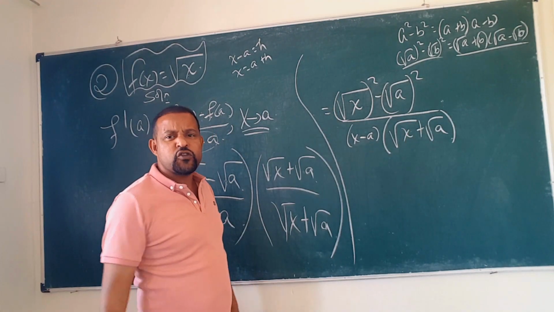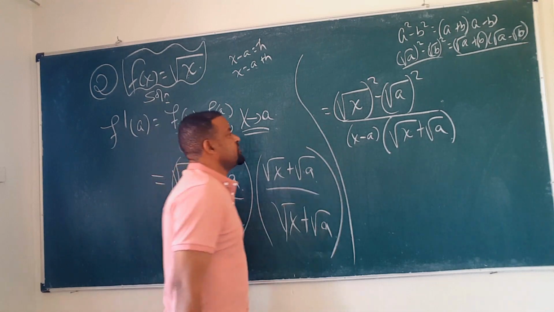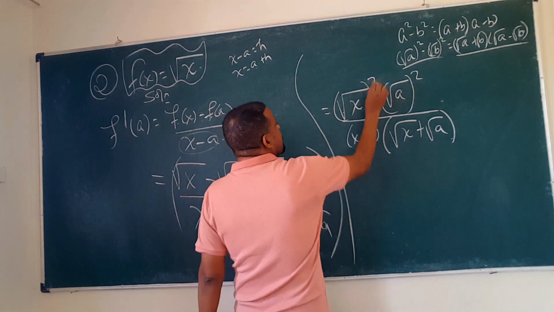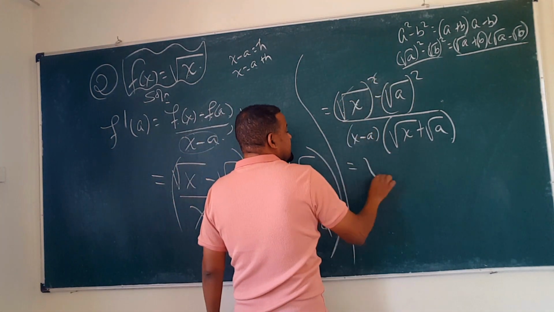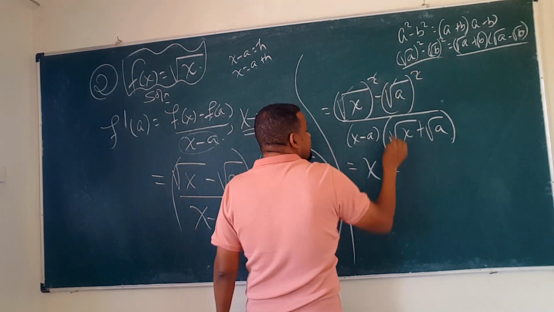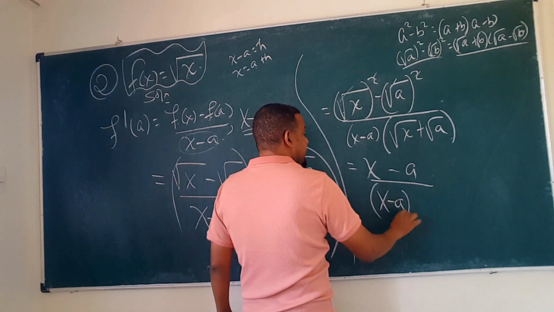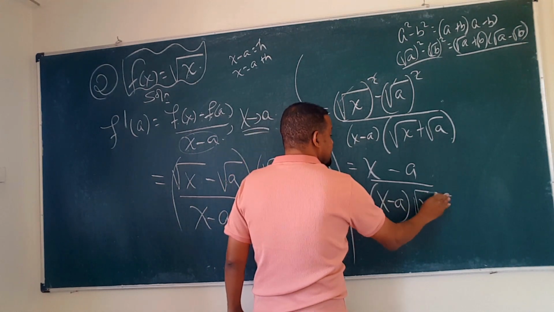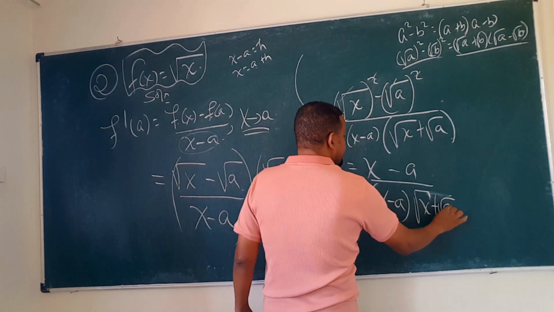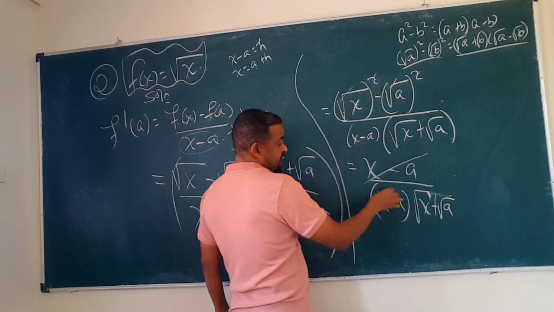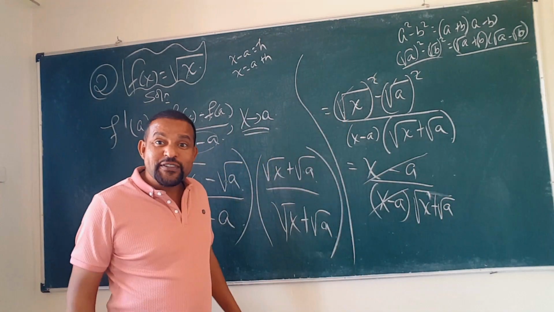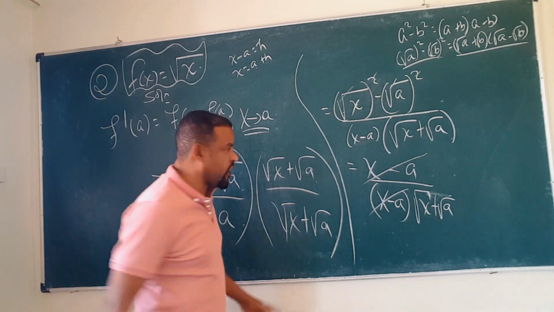Life will be smooth when you are simplifying this. Okay. ይሄ radical of x ሆልስ radical በዚህ ይጠፋል፣ x ይቀራል minus ይሄም በዚህ ይጠፋል፣ a ይቀራል over x minus a times radical of x plus radical of a. አሁን ይሄ በዚህ ይጠፋል ልባል why? Because x is approaching to a not exactly equal to a.